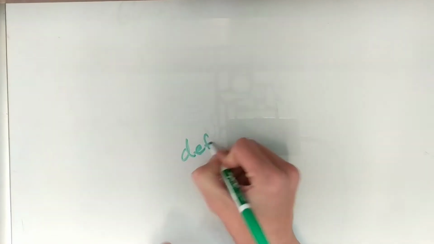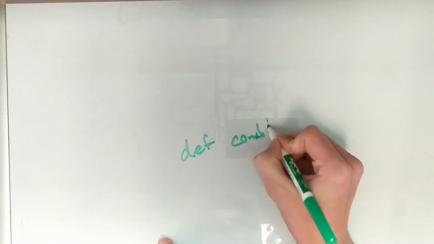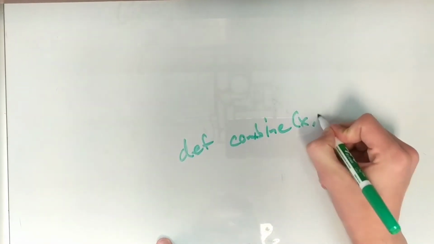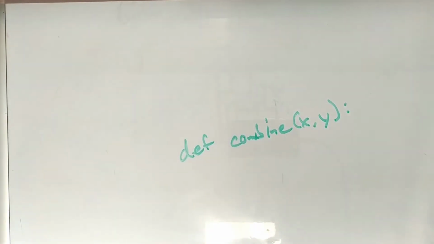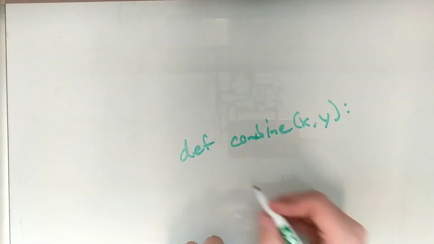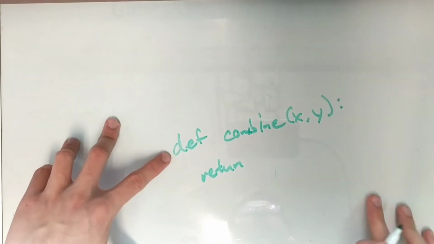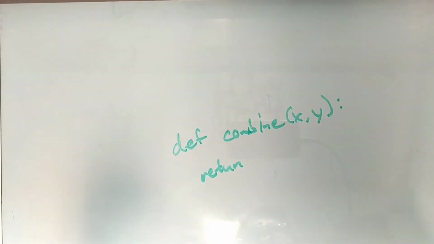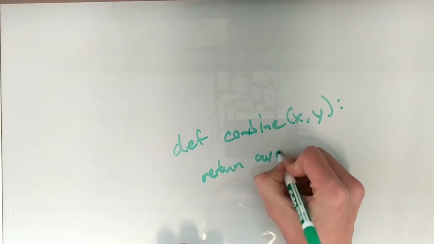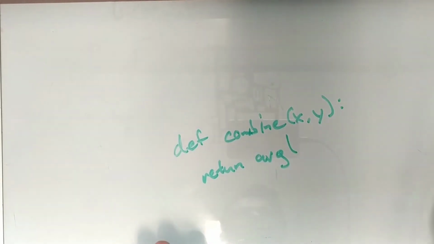Moving on to problem 3 with the rest of our functions. Hopefully you're able to sort through parts 1 and 2 on your own, but I'll go through part 3 in problem 3 because it's a little funky. So we have our combine function that takes input x and y, and we want to return the average of x and 3 times y. So this would be our function definition, but we would want to call our average function. The way we would do that is just say average and then our parentheses and whatever we want to take the average of.